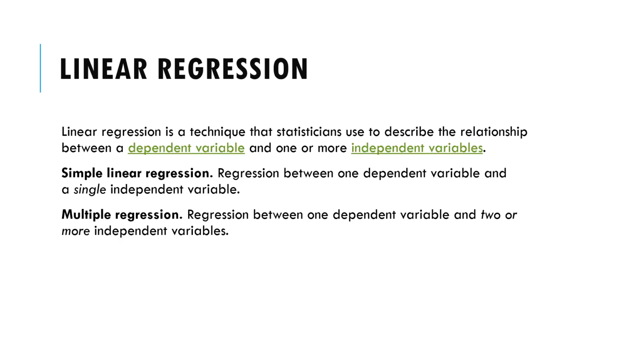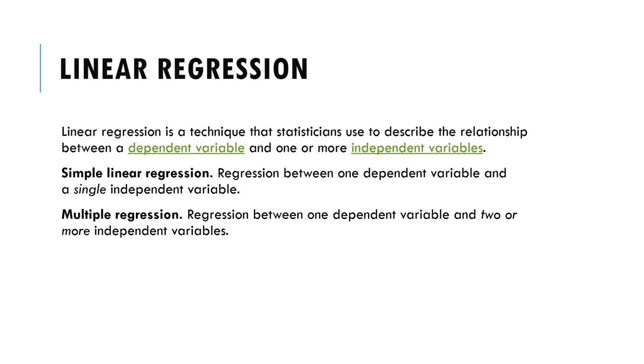The second point is that we are going to perform linear regression. So what is linear regression? Linear regression is a relationship between a dependent variable and an independent variable. There are two types of linear regression.